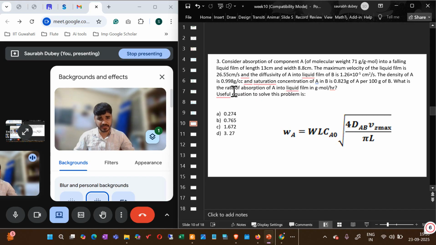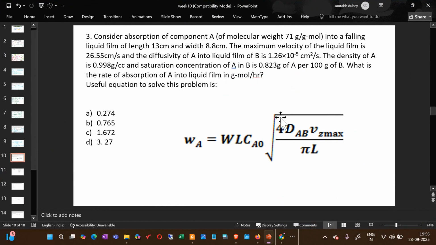The density of A is 0.998 gram per centimeter cube, and the saturation concentration of A in B is 0.823 gram of A per 100 gram of B. What is the rate of absorption of A into the liquid film in gram mole per hour?